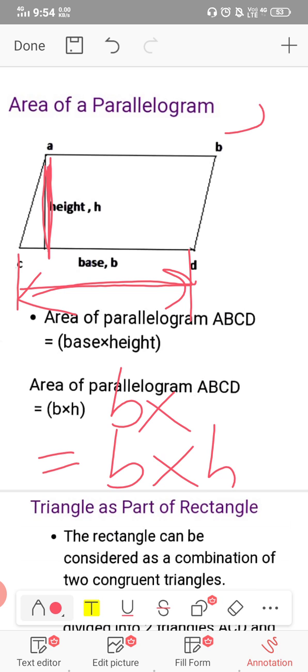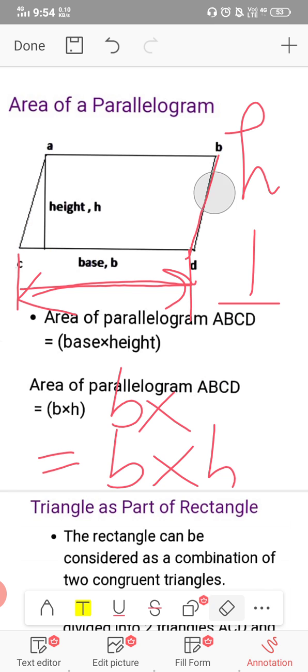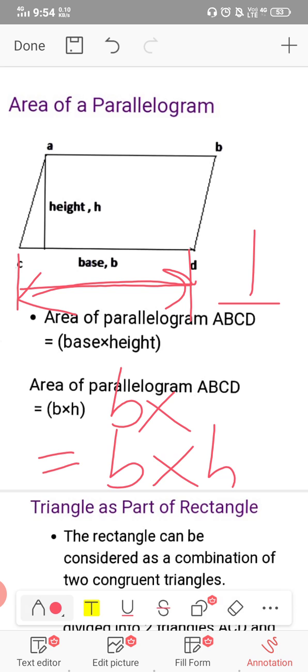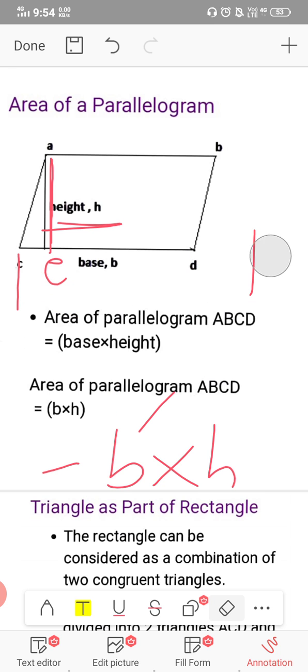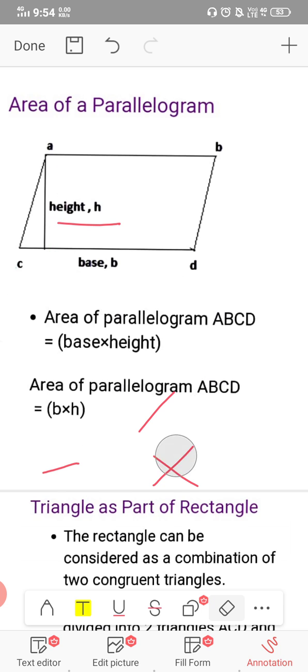We know that height is at 90 degrees. So this is not the height. BD and AC are not the heights. If this point is E, the height of the parallelogram is A to E, that is H. So the area of a parallelogram is base into height, that is B into H.